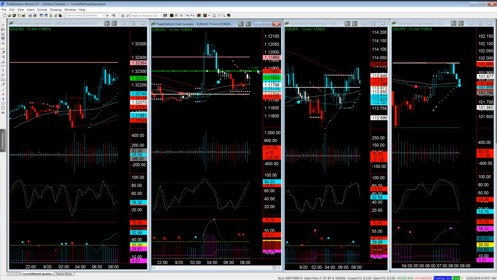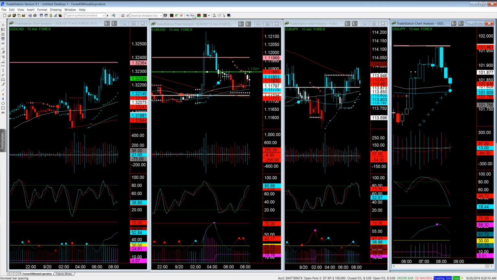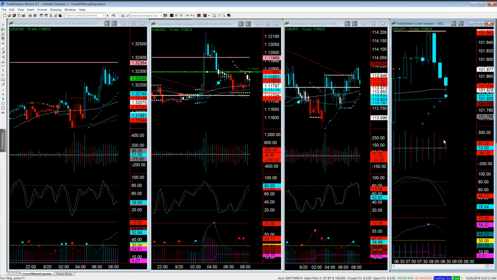What I would like to see over here on the USD/JPY, I would like to see more sellers come in. You can see right now the buyers are trying to come in on that bar, not confirmed by the price bar itself. If buyers were truly in control of this bar, then it would be closing up at the top. Right now it's still a down bar, so I'm not paying a lot of attention to that.